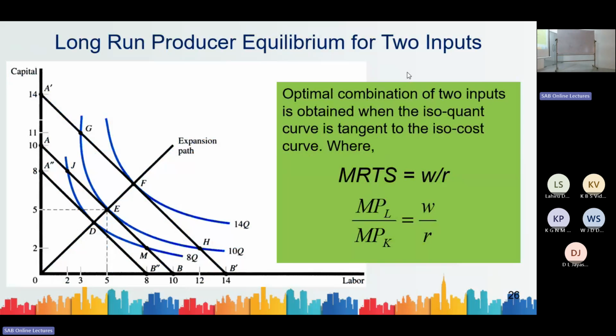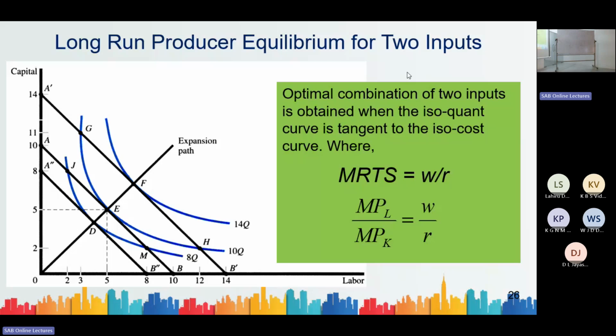Okay, the next task. We finished discussing the production side and the cost side. Production side in the long run is represented by isoquant curves.